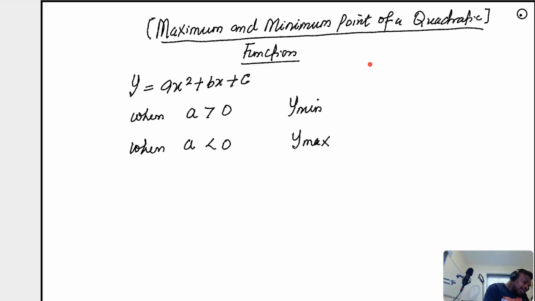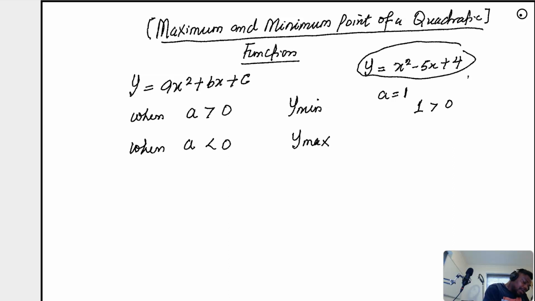So in a case where you have this function, y equals x squared minus 5x plus 4, what is our a here? Our a here is 1, and 1 is greater than 0. It simply means this function can only give us a minimum value.